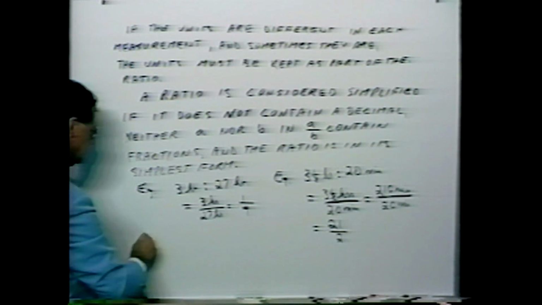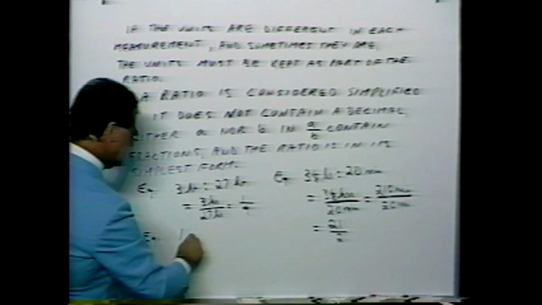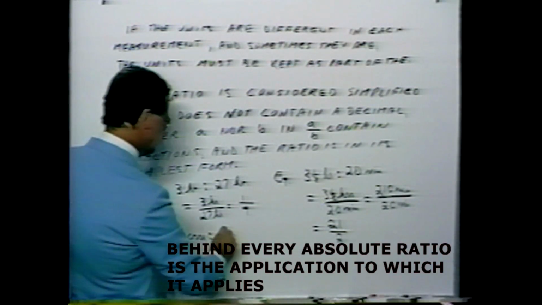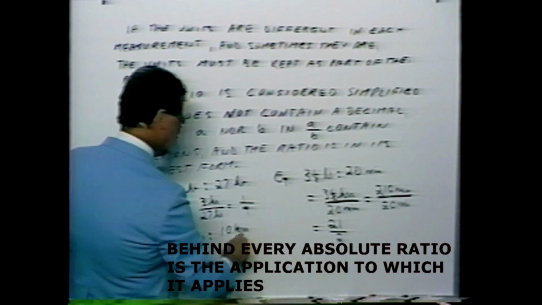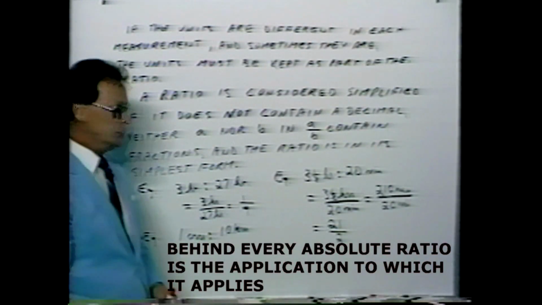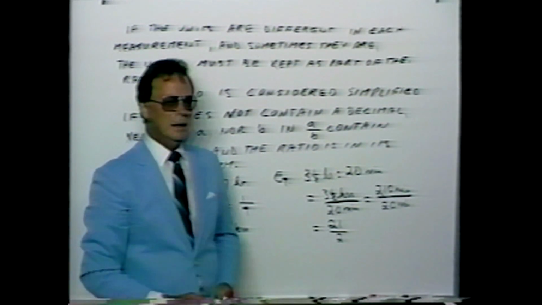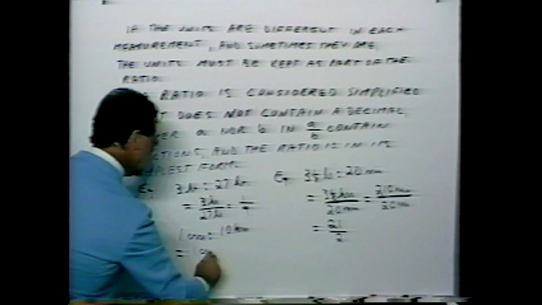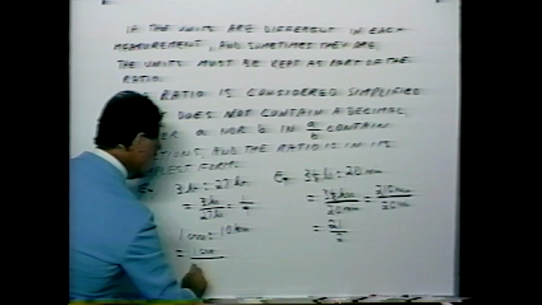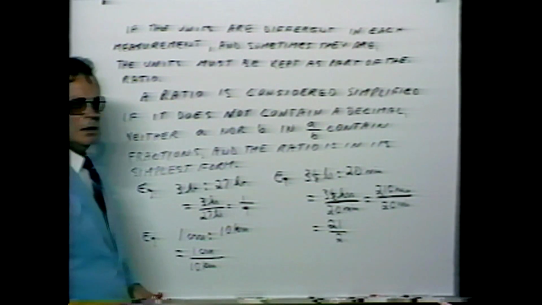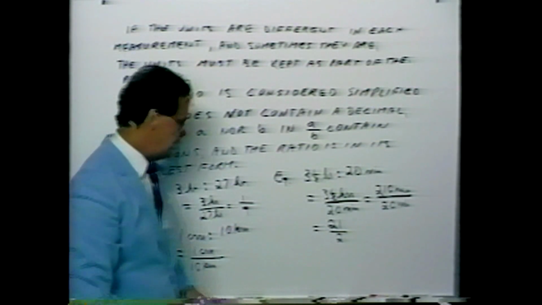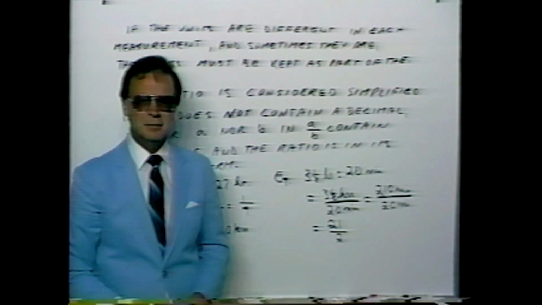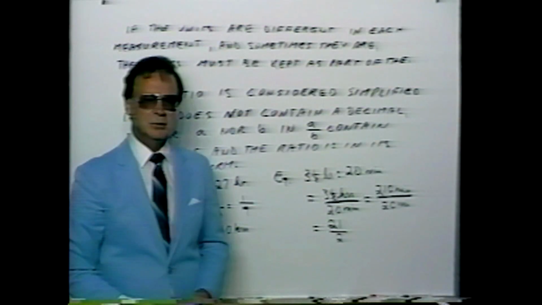Here's another example. On a map, 1 centimeter is equivalent to 10 kilometers, or 1 centimeter is to 10 kilometers as a ratio. As a fraction, we would express this as 1 centimeter over 10 kilometers. Now, it is possible to change kilometers to centimeters if we want to, because they are the same type of measurement.